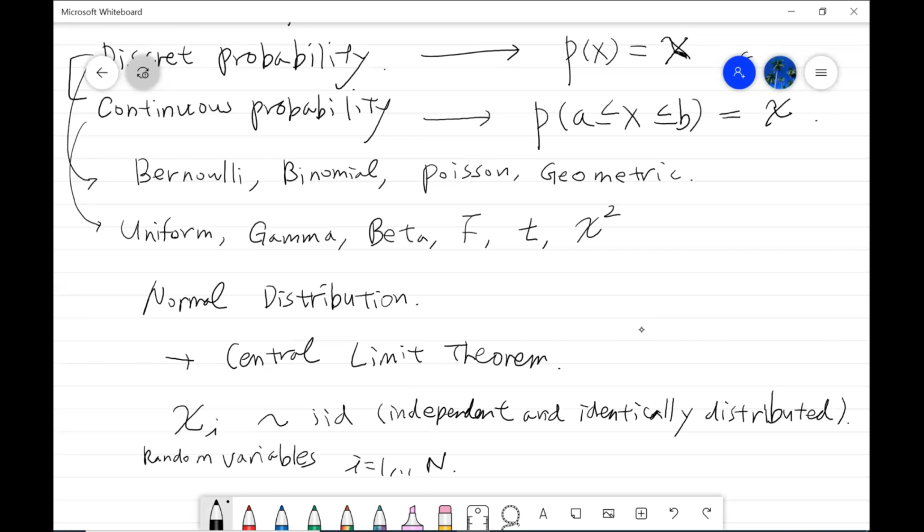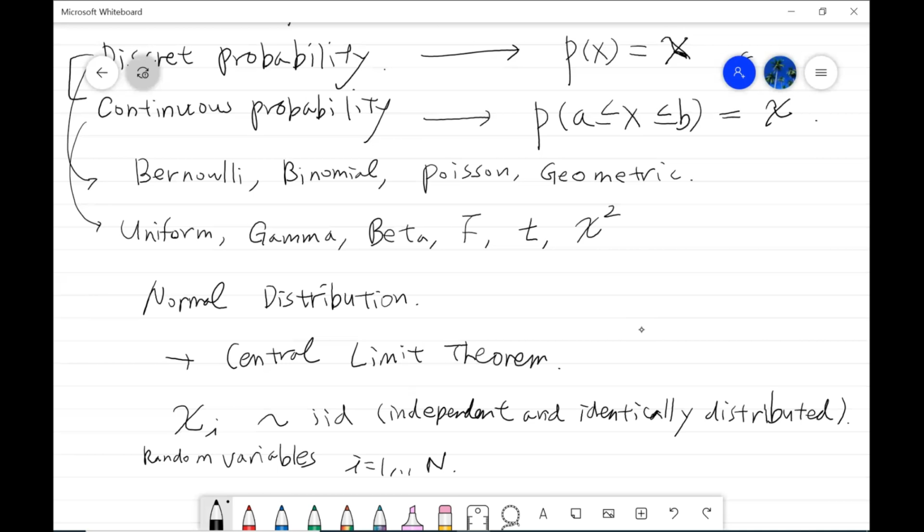That is the so-called independent. And identically distributed means, even though you are not able to specify the particular distribution all these numbers are coming from, you are still sure that these numbers come from only one particular probability distribution. That is the so-called identically distributed.